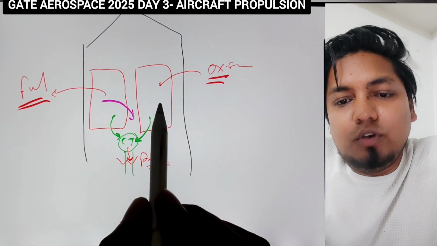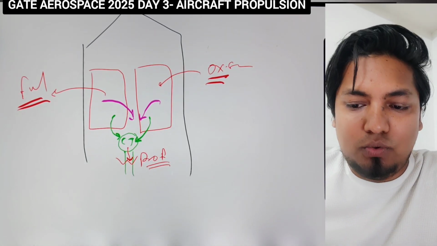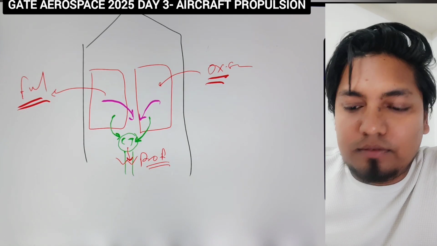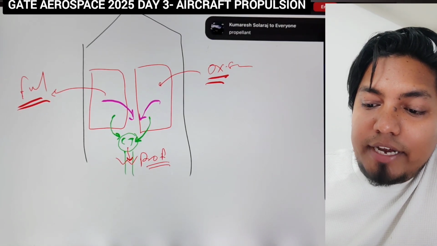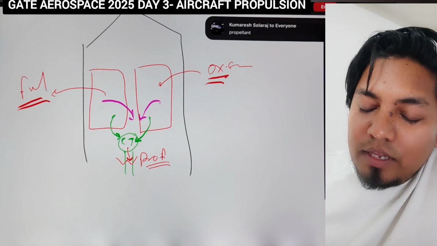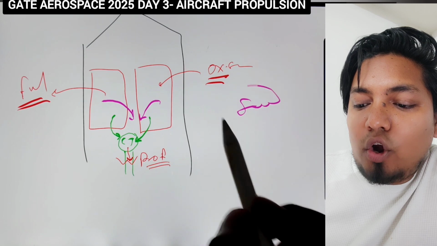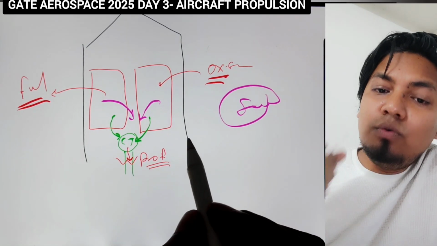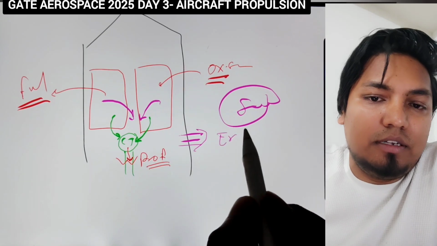Later I will tell you that there are so many ways in mathematics to calculate this irreversibility. When I'll be teaching you the second law, at that time I will tell you how you will measure irreversibility. So entropy was the new physical property which measures irreversibility.